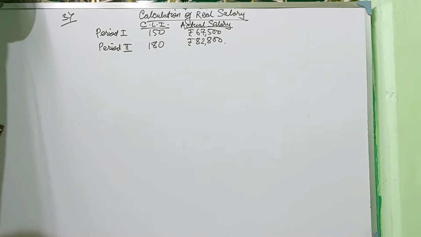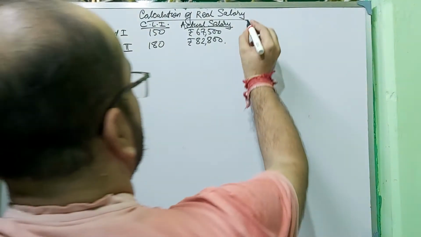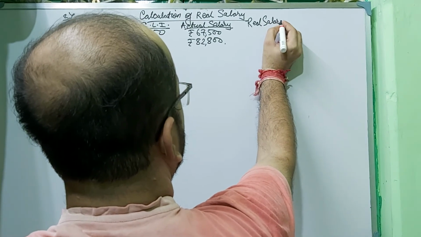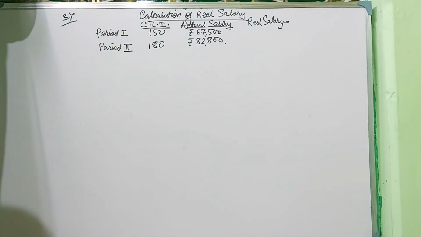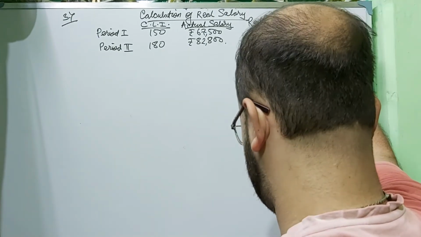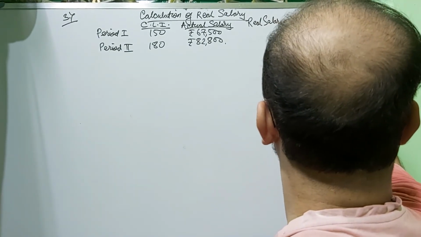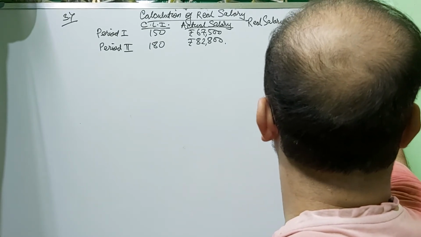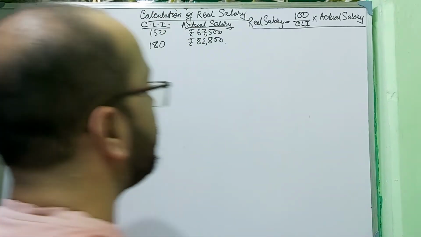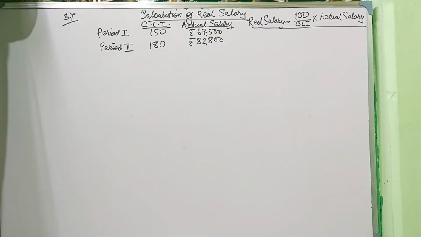So does the worker gain in real term? Obviously, how you can calculate that? Real salary, I am giving the formula over here. Real salary is equal to 100 by cost of living index into actual salary. How real salary, how you can calculate? 100 by CLI into actual salary.